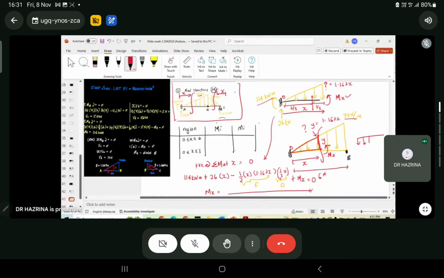It is not the same as when you are calculating for a uniformly distributed load. Because for a uniformly distributed load, along the beam, the load will be similar.